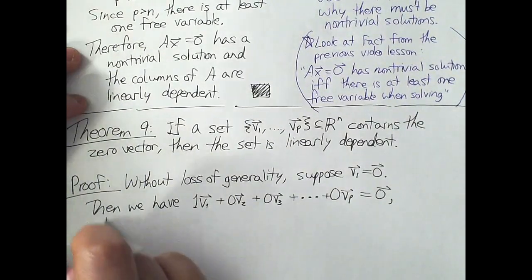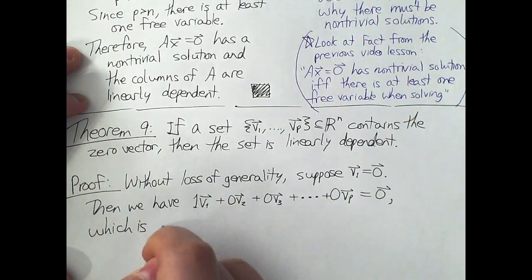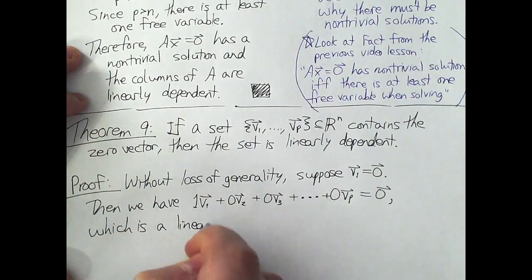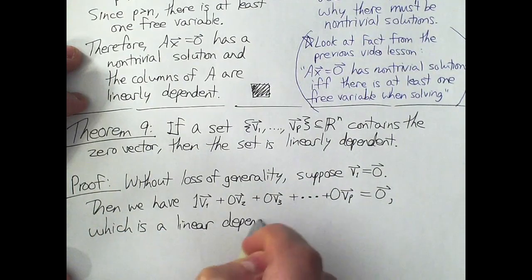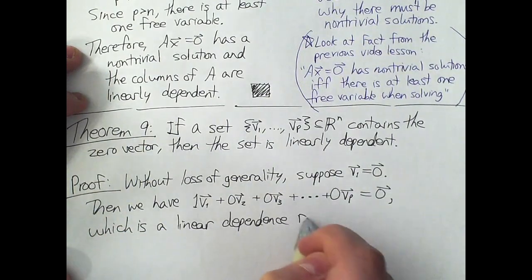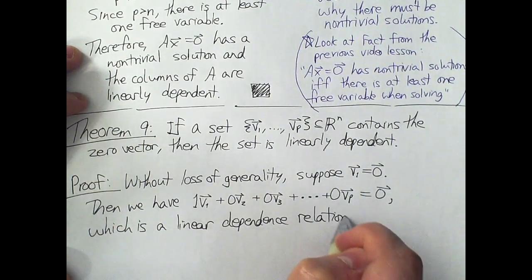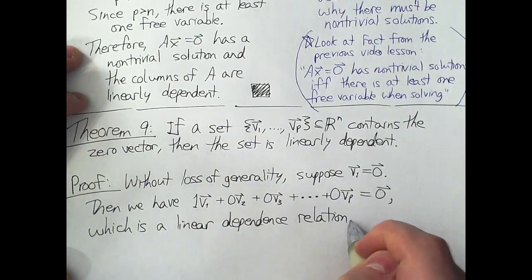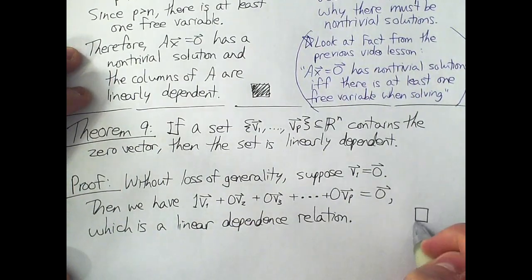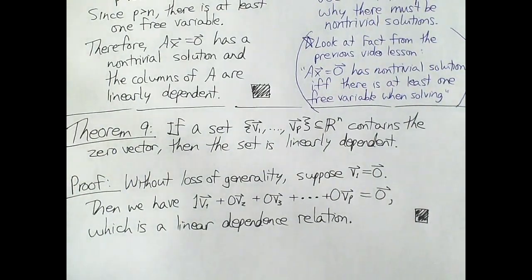So I can just say, which is a linear dependence relation. That's what we're trying to show, linear dependence. We showed a linear dependence relation. So end of story, end of proof. That was like a two-sentence proof, if you write it that way. Pretty cool.